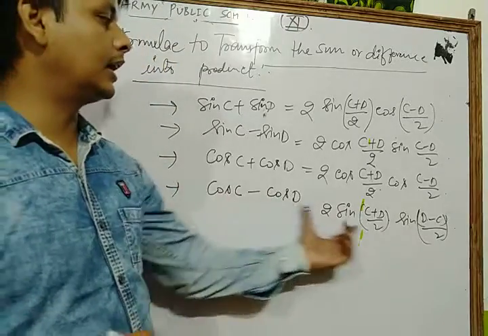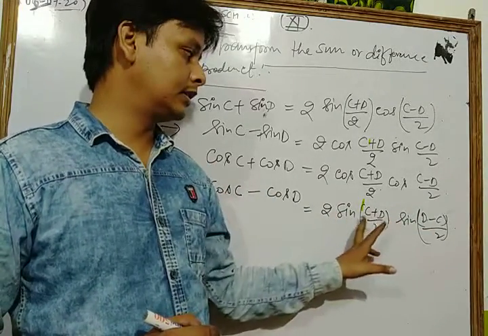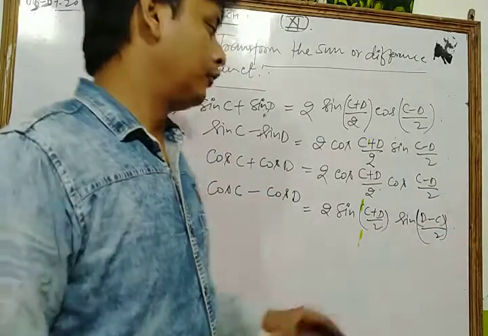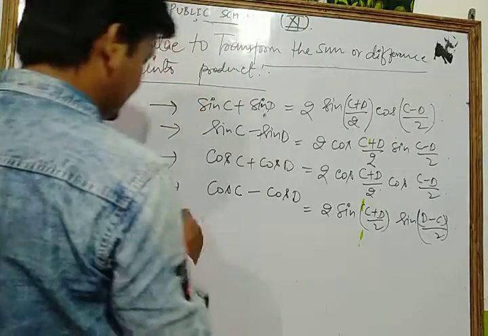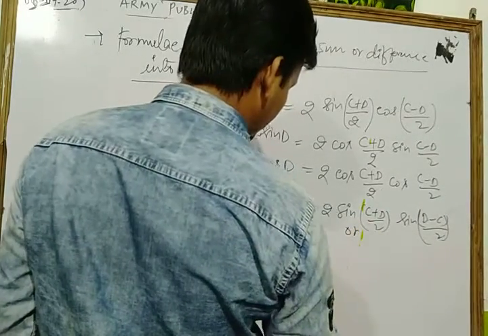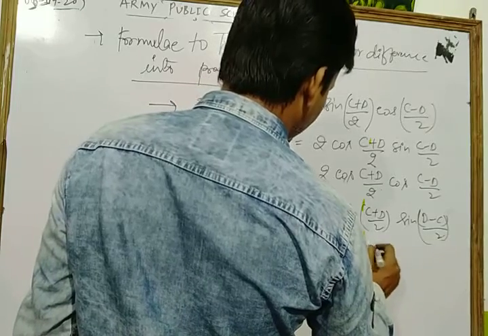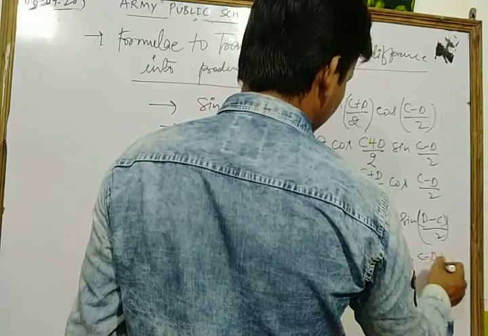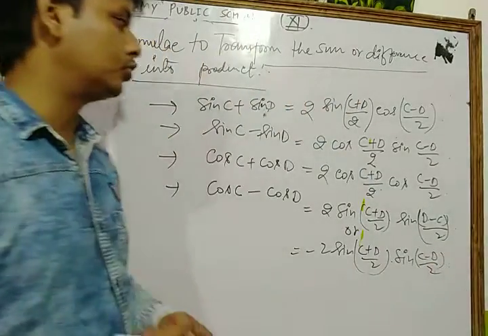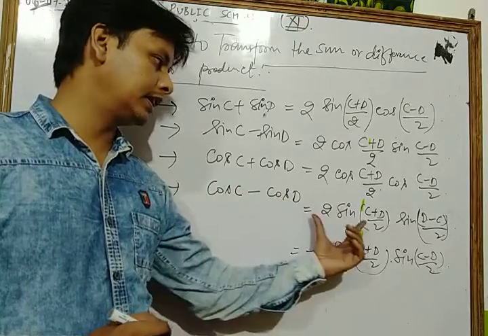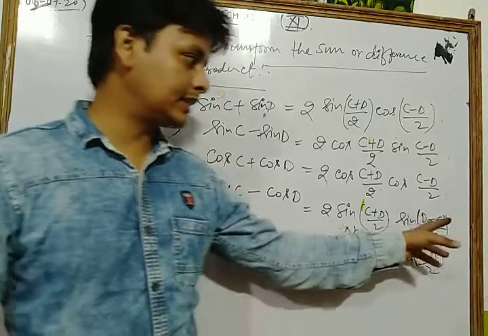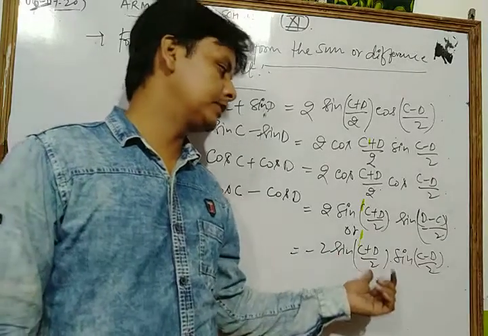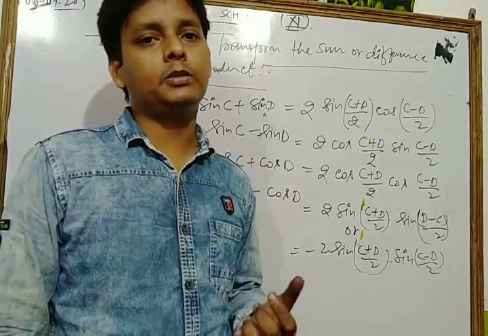Here cos C minus cos D is all in sin, but here 2 sin (C plus D) by 2 into sin (D minus C) by 2, not C minus D by 2. We can write this formula in this way also: if we take C minus D, then we take a minus sign, that is minus 2 sin (C plus D) by 2 into sin (C minus D) by 2.